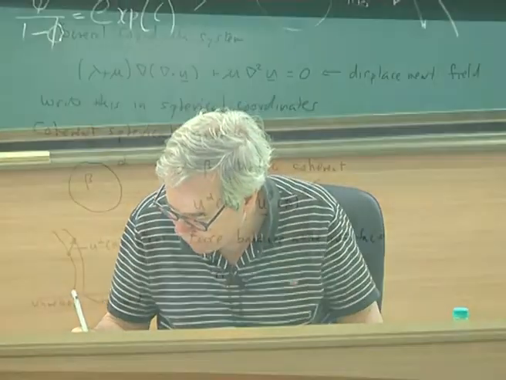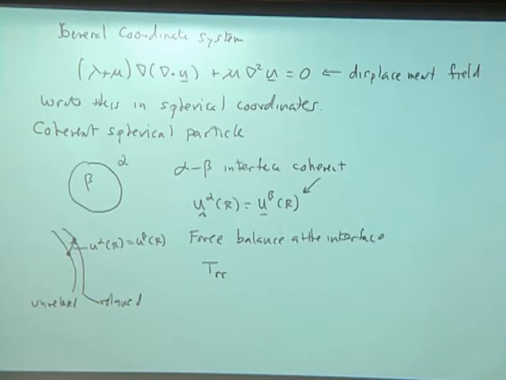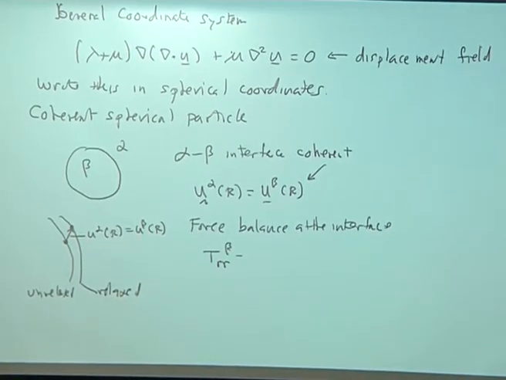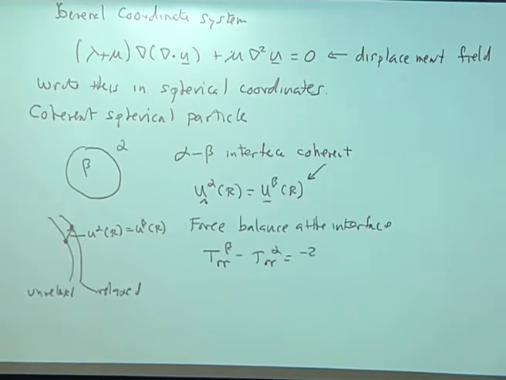And the other thing is that you have to have a force balance at the interface. And this looks very much like the Laplacian equation. Okay, so RR is the RR component of the stress tensor.